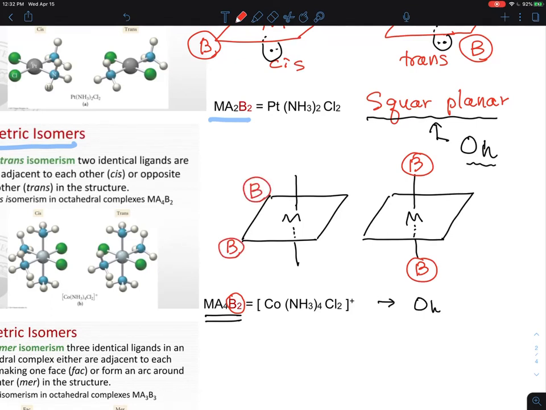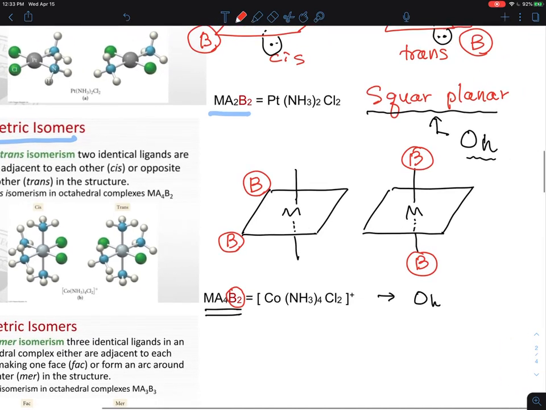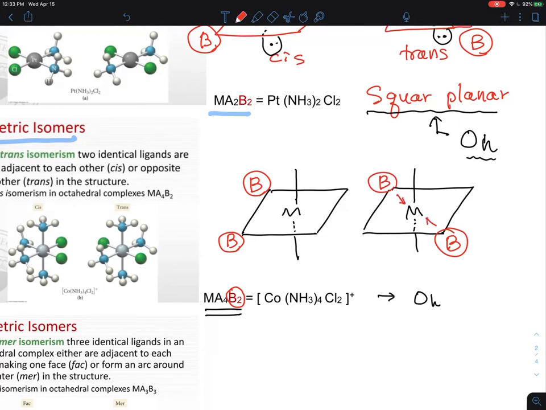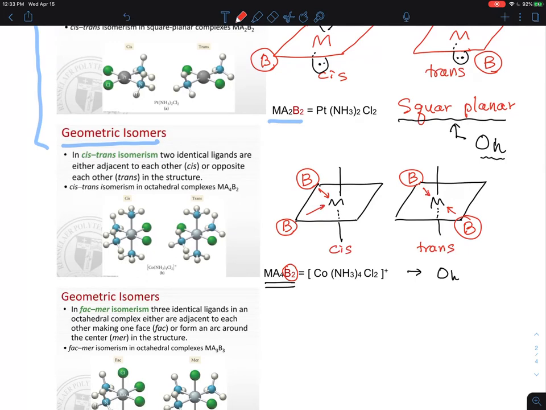If you look at the example here, I will follow the same scheme, and it's the same thing as long as they are on the opposite side of the metal, or on the same side of the metal. This is a cis. This is a trans. So this is a case where you have 2 identical ligands, and you look at their spatial arrangement to say cis or trans.